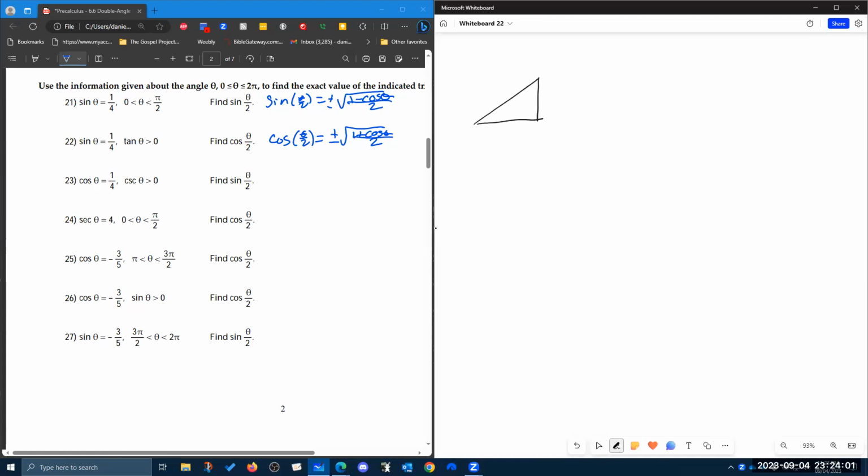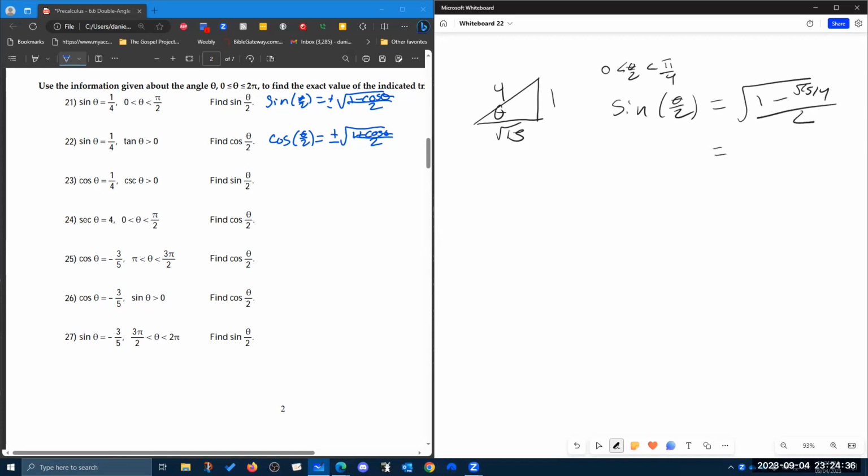Root 15, there's my theta. So theta over 2 is going to be between 0 and pi over 4. So sine of theta over 2 is going to have a positive sine value, positive root 1 minus cosine.